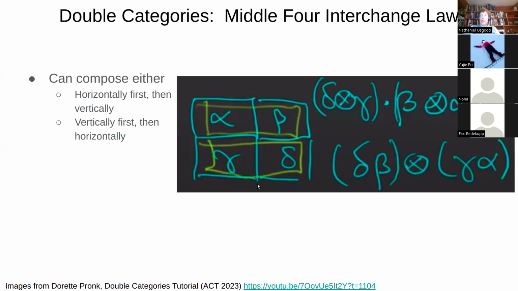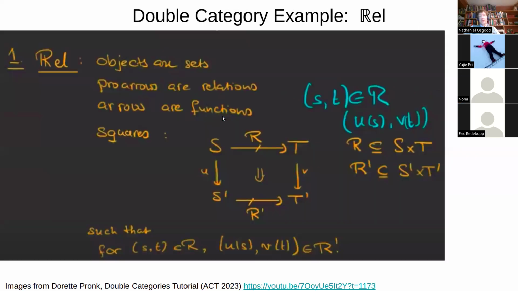If you compose vertically, it's the same as doing gamma vertically composed with beta, and horizontally composed with gamma after alpha. So look, they're really nice.